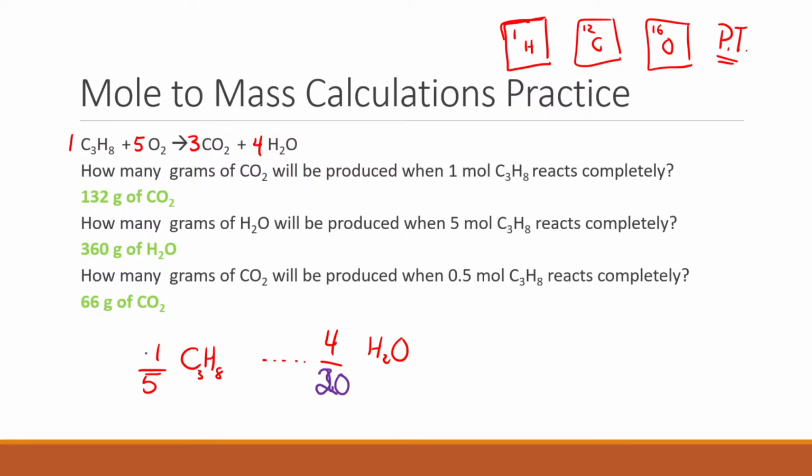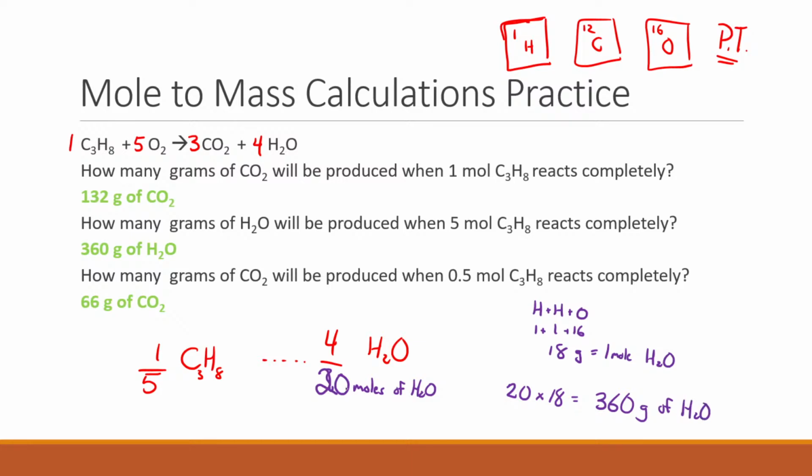Or I could look down, right? 1 became a 5, so multiplied by 5. 4 becomes a 20 if I multiply it by 5. But again, this is moles of water. I need grams of water, so I'm going to take H plus O, 1 plus 1 plus 16. 18 grams equals 1 mole of water. So 20 times 18 gives me my 360 grams of water.